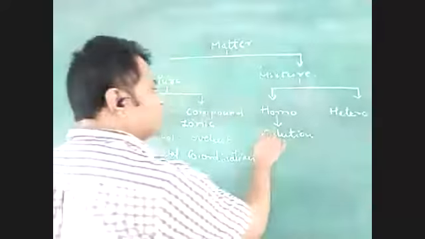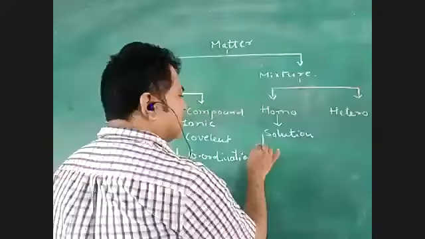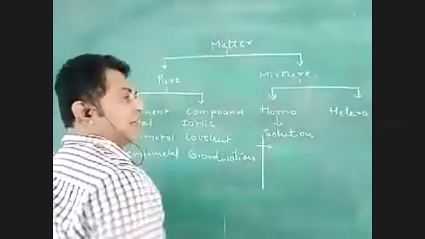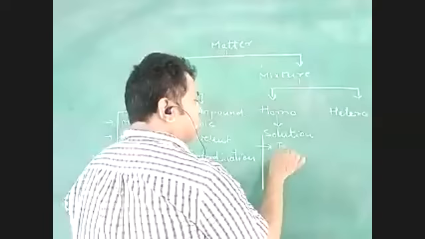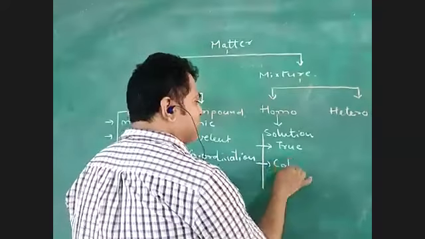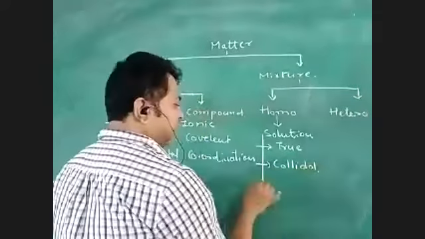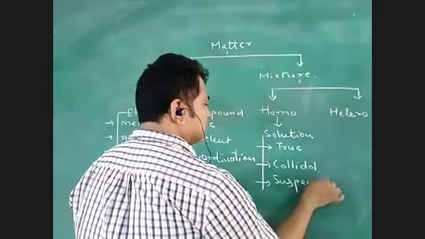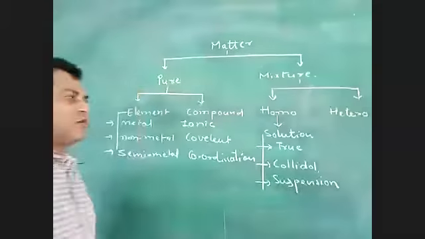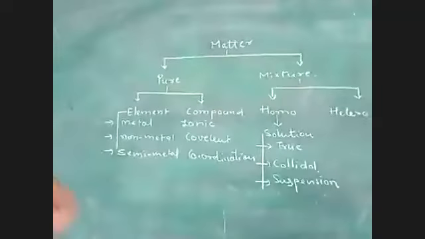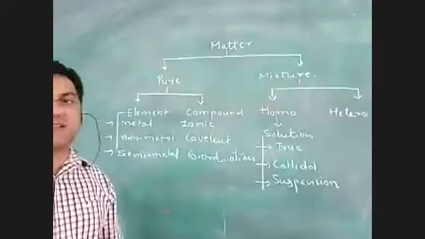Now this solution is further divided into some categories. First one is true solution, second one is colloidal solution, and third one is suspension solution. So solution can be categorized into true solution, colloidal solution, and suspension solution.